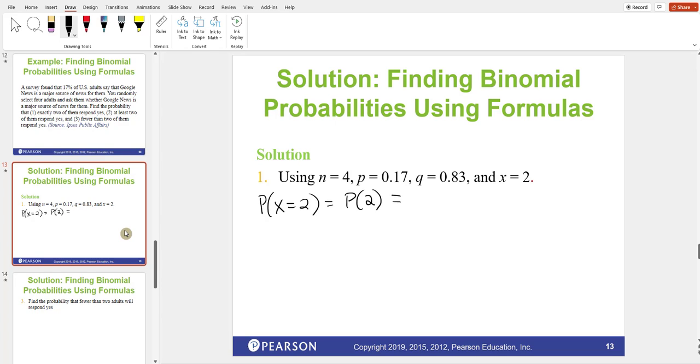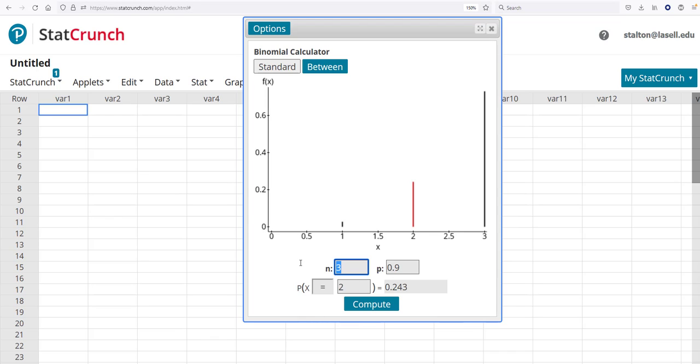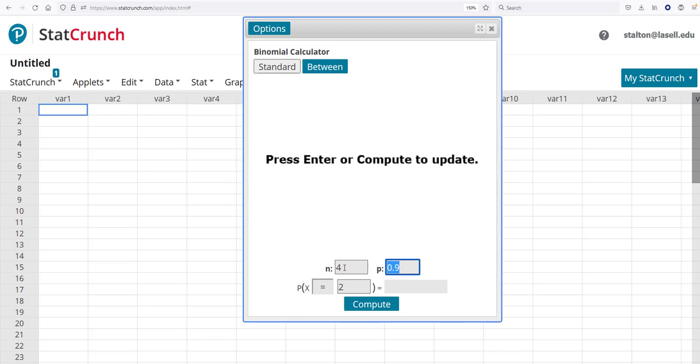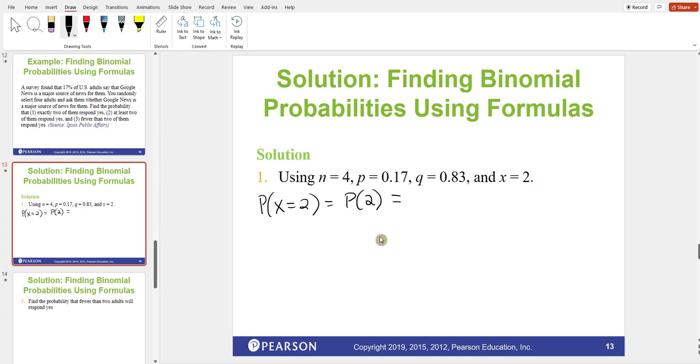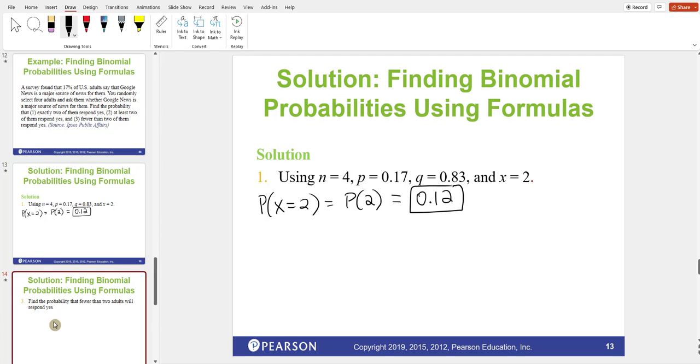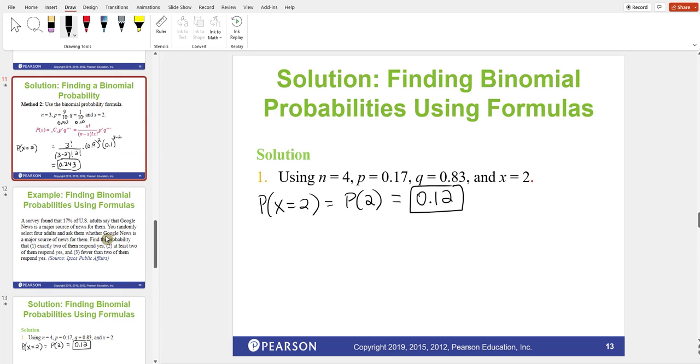That's the same thing. Okay, so let's go ahead and plug our information into StatCrunch. We have 4. Probability of success is 0.17 and we want exactly 2. And I get 0.119. You can just put 0.12 if you want.